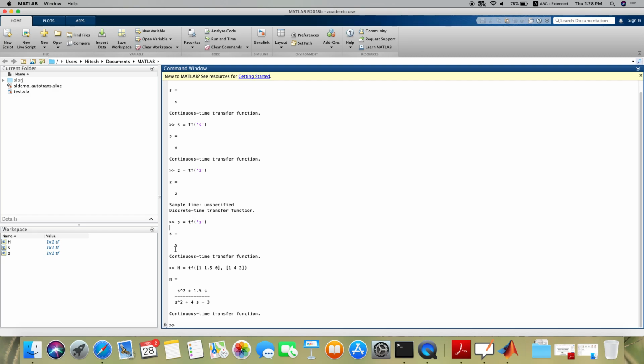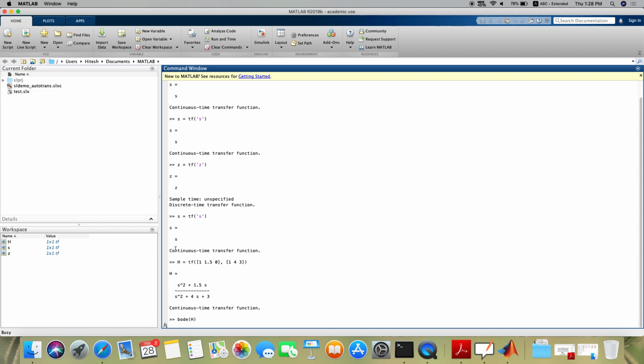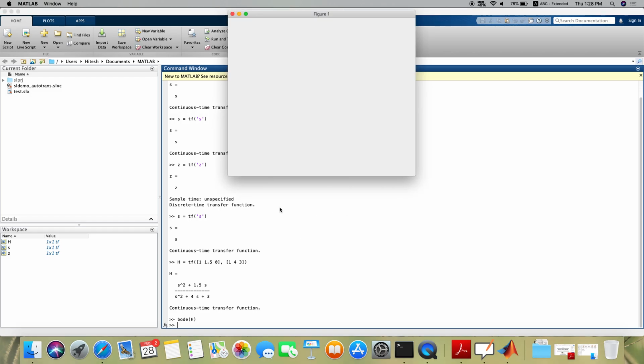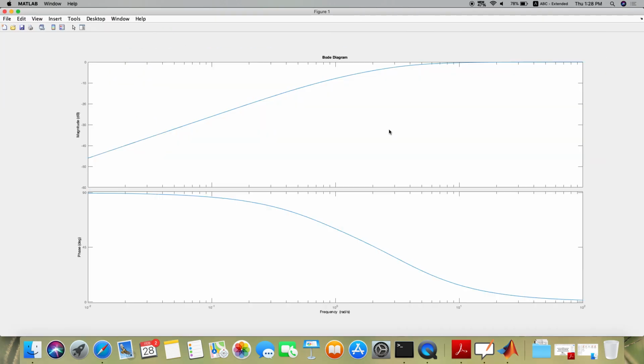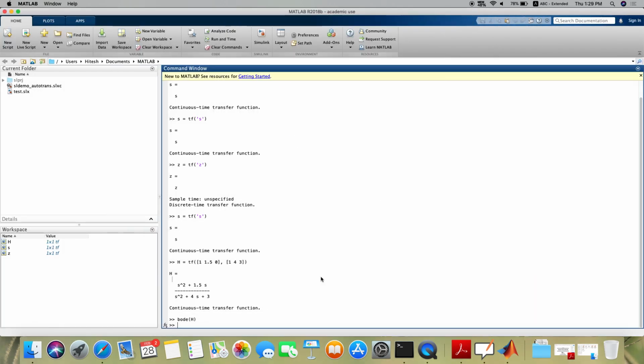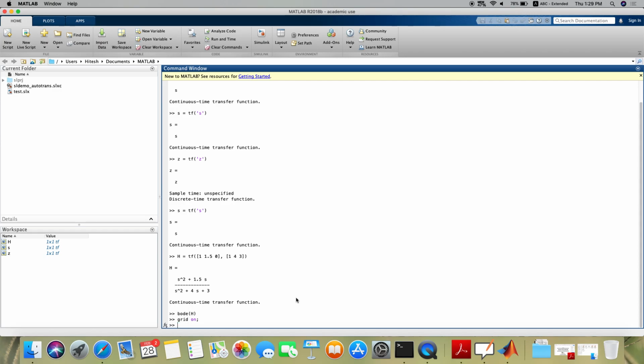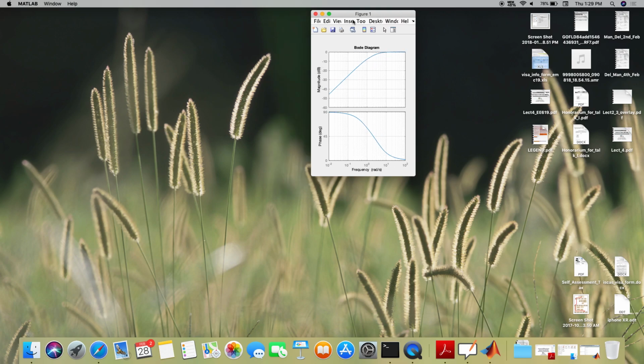It's not only about magnitude. So when you are going to write the Bode of H, you are going to have two things: magnitude as well as phase. So let's draw it, and when you are doing this, let's make the grid on. When you make the grid on, you can see the grid actually, right?